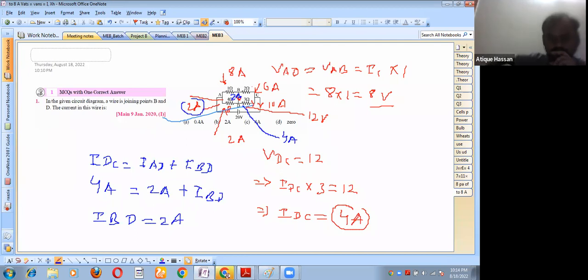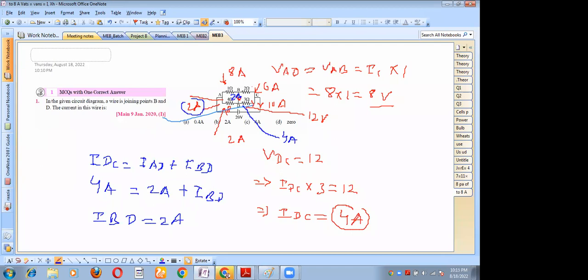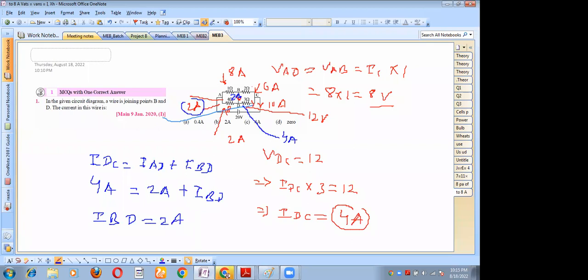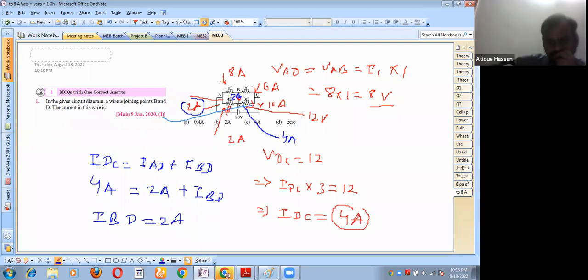Understood? Anyone having doubt, please ask. We are calculating IBD, not IDC. IDC is 4 ampere.